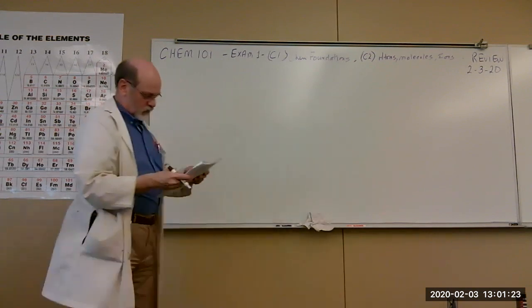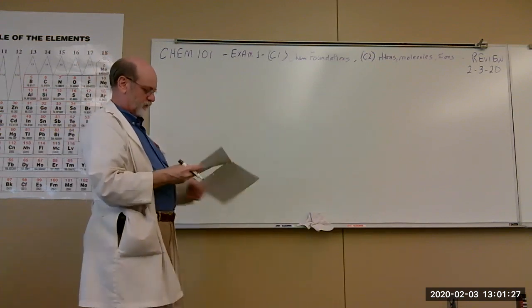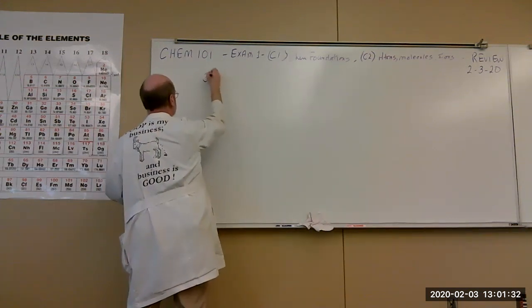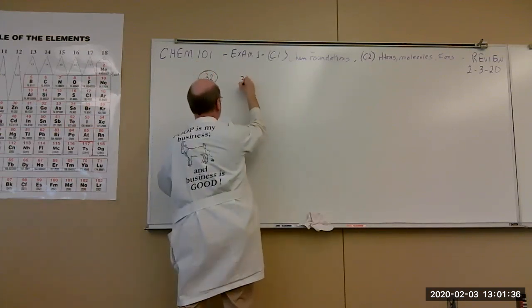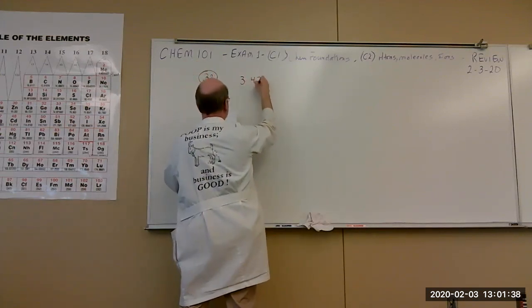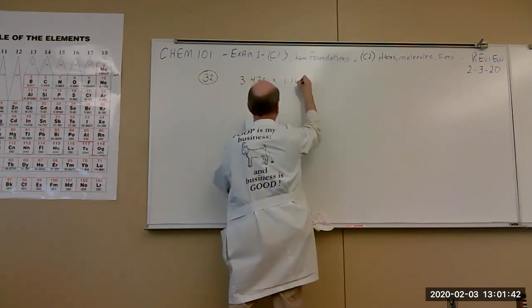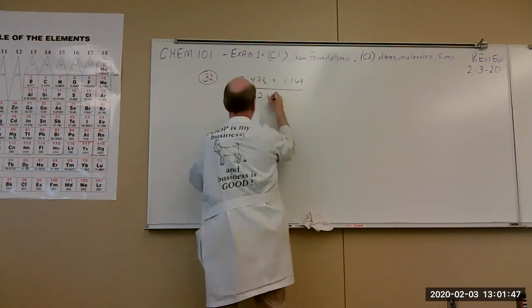Okay, now, how about where you have combined operations? Let's see, here we go. Number 32. If you have a combined operation like this one, 3.478 times 1.164 divided by 2, minus 0.169.